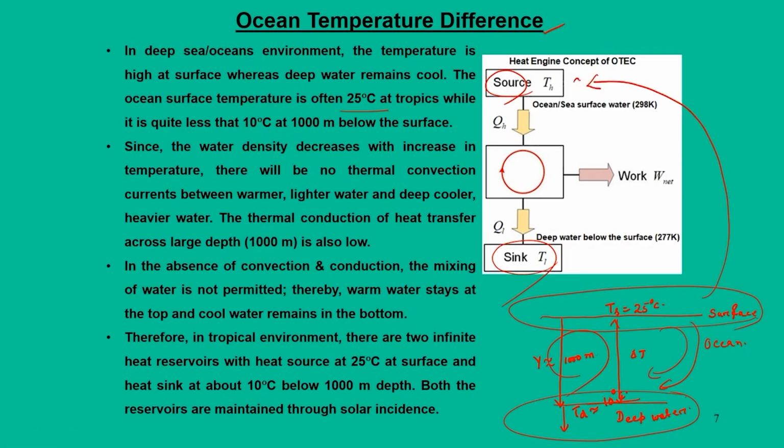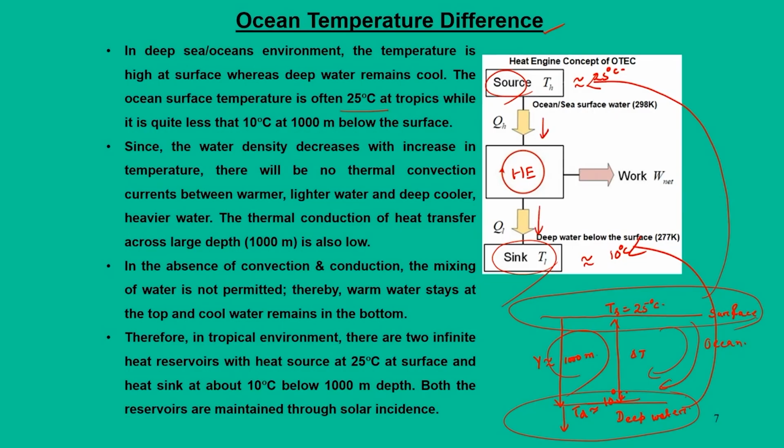Now, if we introduce the same concept in heat engines, then your source temperature is close to 25 degree centigrade and the sink temperature is close to 10 degree centigrade, and in between we are using a heat engine, by extracting heat from the source and rejecting heat to the sink.